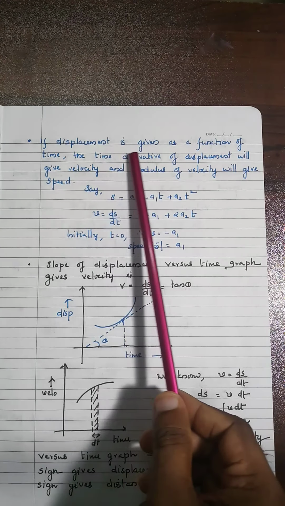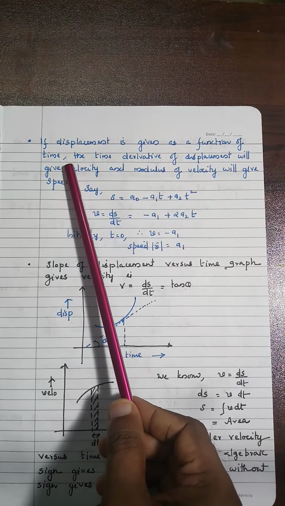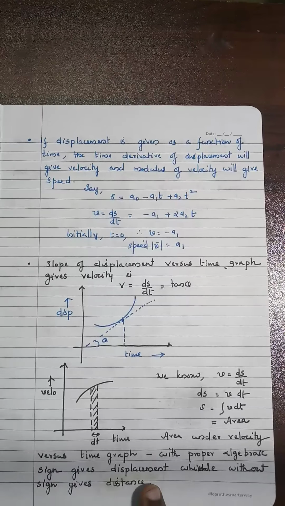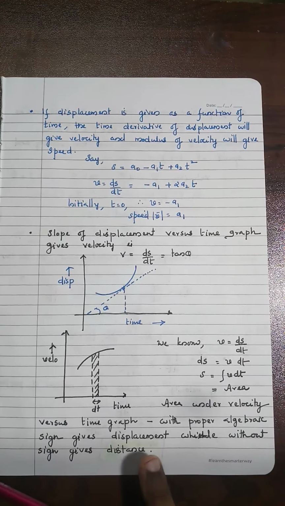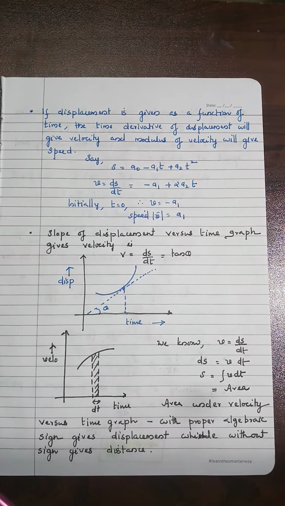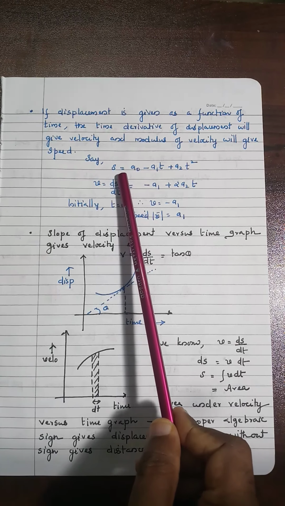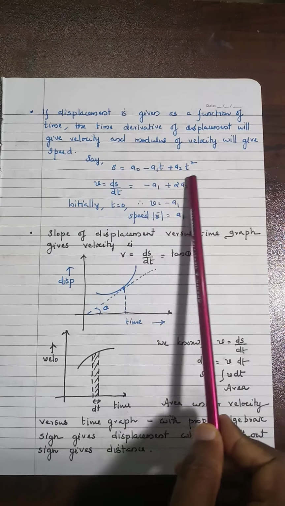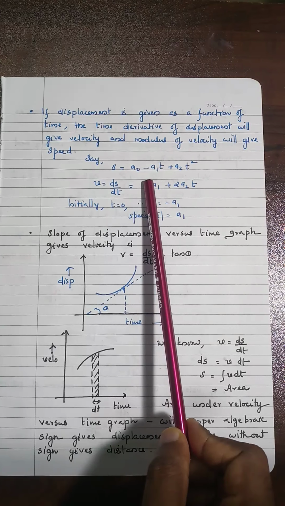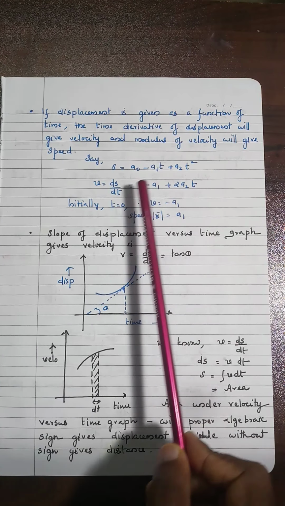If displacement is given as a function of time, the time derivative of displacement will give velocity, and the modulus of velocity is speed. Say, as an example, the displacement is expressed in terms of time for a particle as a0 minus a1t plus a2t square.